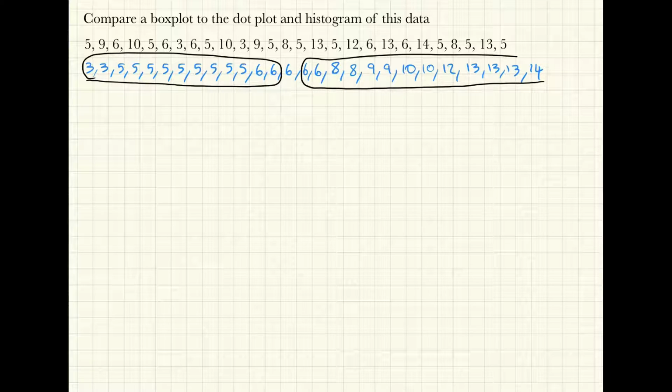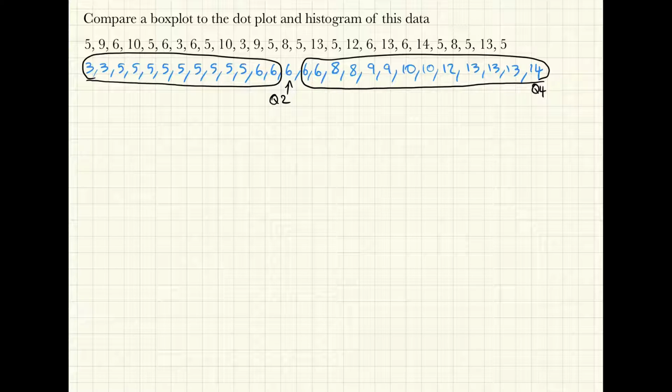There we go. I've now circled the top half of my data, which, because we have an odd number of scores, automatically identifies Q2, our middle number. That's perfect.